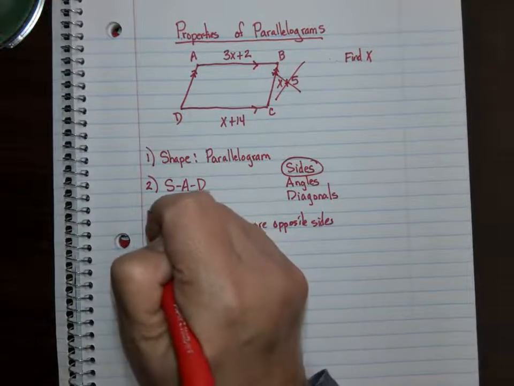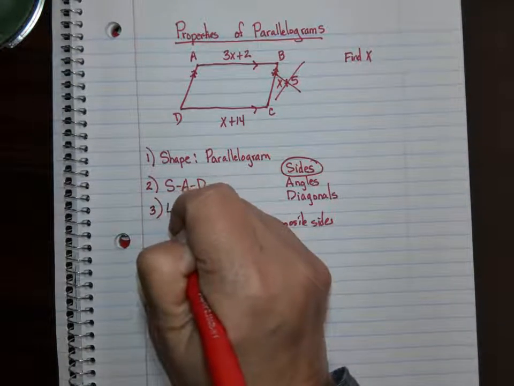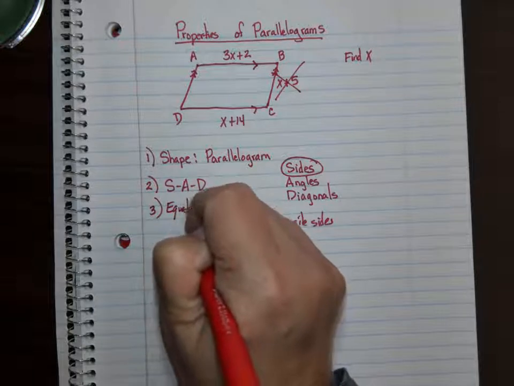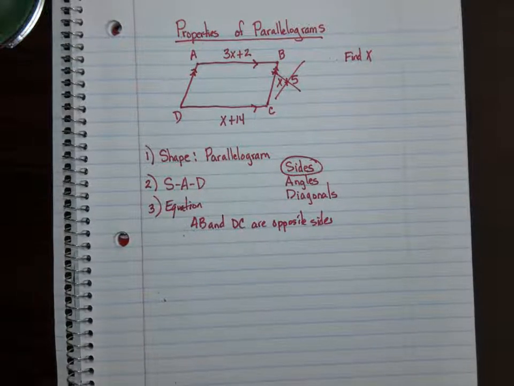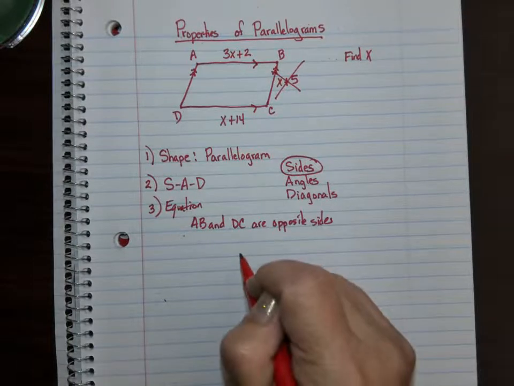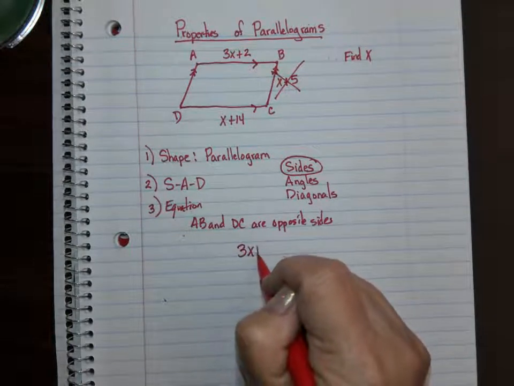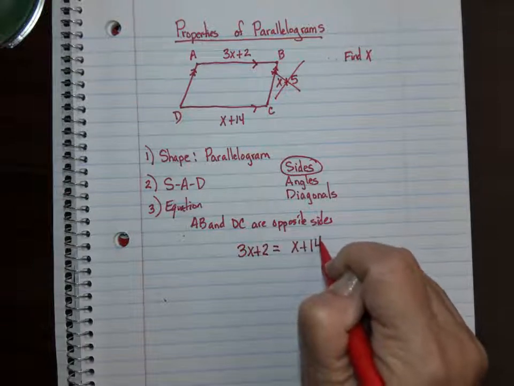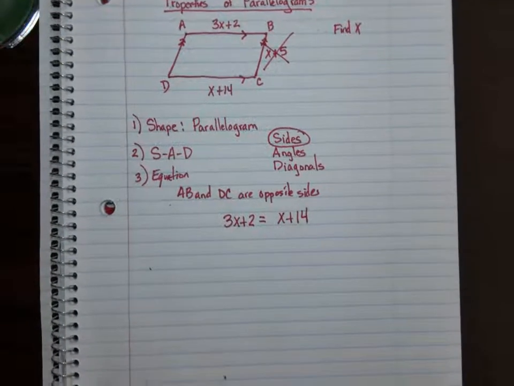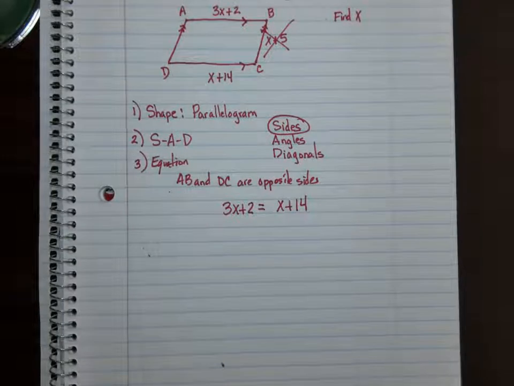So step 3 is to do your equation. Right? Once you know what it is you're talking about, you do your equation. So 3x plus 2 equals x plus 14. Once you get to right here, your geometry is done.